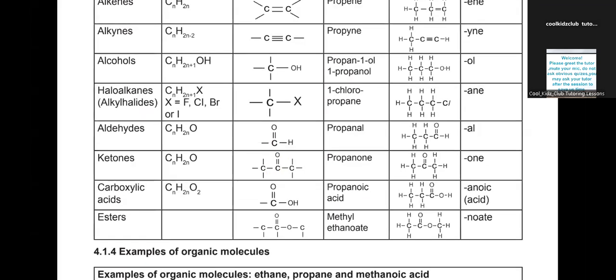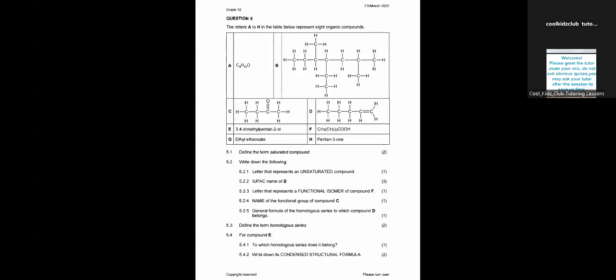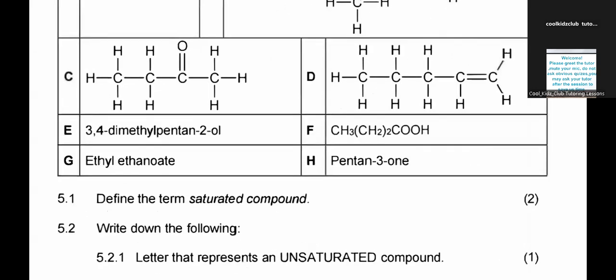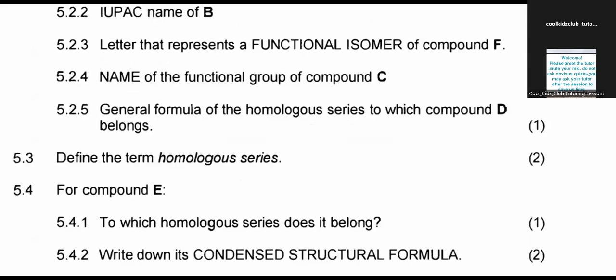So let's go back. Let's quickly go back. So it's going to be a ketone there. It's going to be a ketone because of how it looks like. So let's continue. So the answer to that will be ketone.